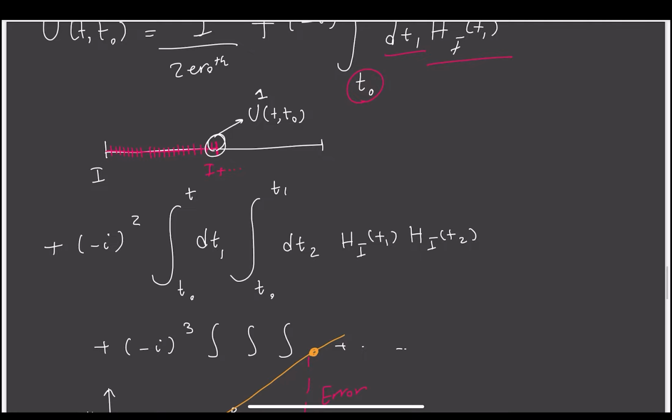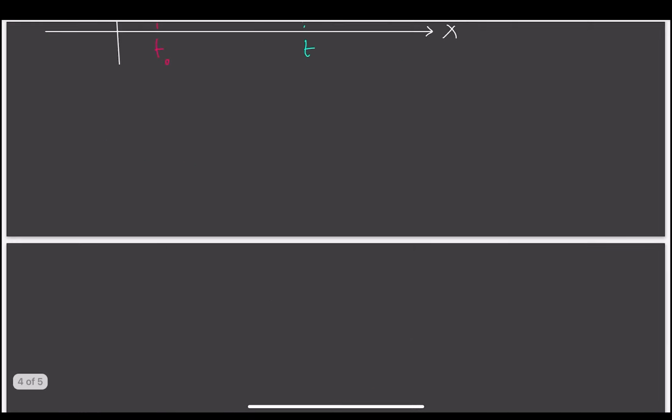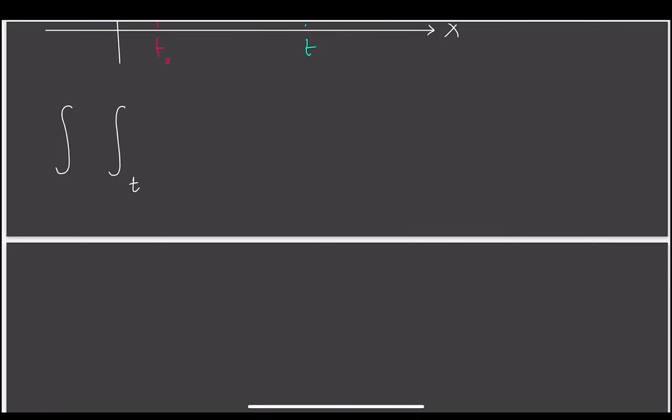Now what I'm trying to do is also rephrase this integral in a better way so we can systematically calculate. Imagine I have an integral where the first interval is from t0 to t1, and then t0 to t, with dt1, dt2, and a Hamiltonian at t1 and a Hamiltonian at t2. Just mathematically, it's like a trick.